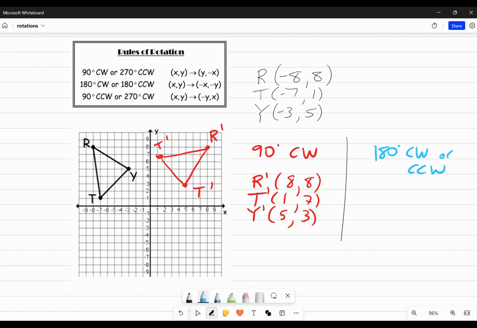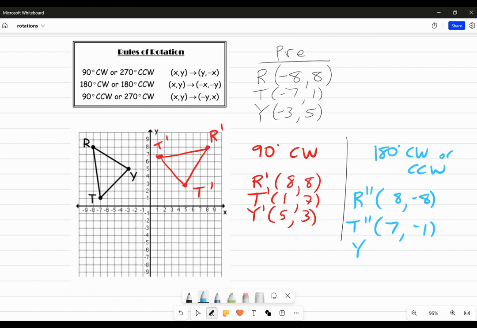So my new coordinates here, I'm going to label them as different prime values. I'm going to have r double prime, -8 becomes +8, and this one becomes negative for my original coordinate. We're going to go back to the original starting point, my original pre-image up here. For t double prime, my original coordinate was -7, 1, so I become 7, -1.